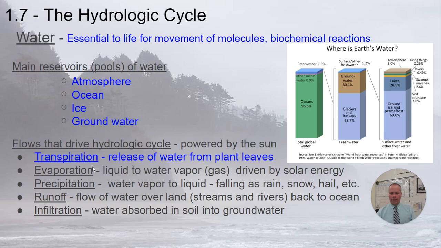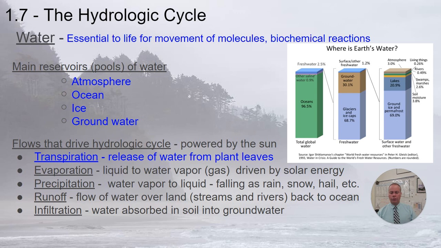Evaporation is when liquid water evaporates, changes into a gas, water vapor. That's typically driven by solar energy. Precipitation is the movement of water from the atmosphere, where it's in the form of a gas, a vapor, to liquid water falling as rain or snow or any other type of precipitation.